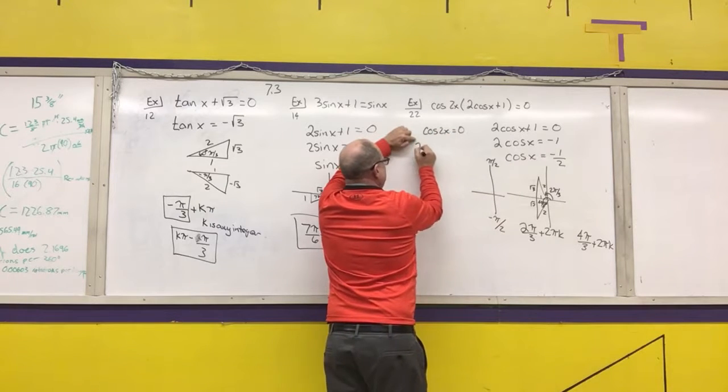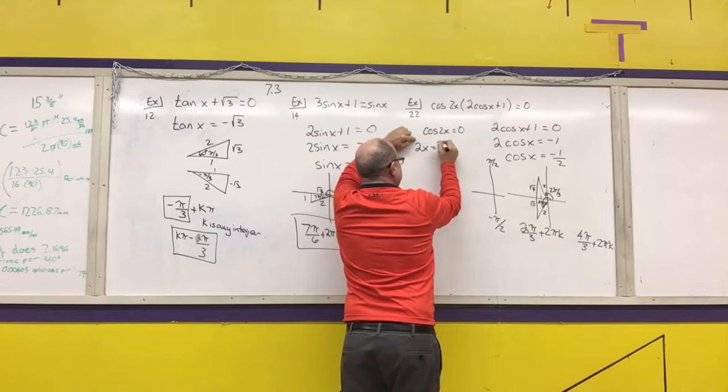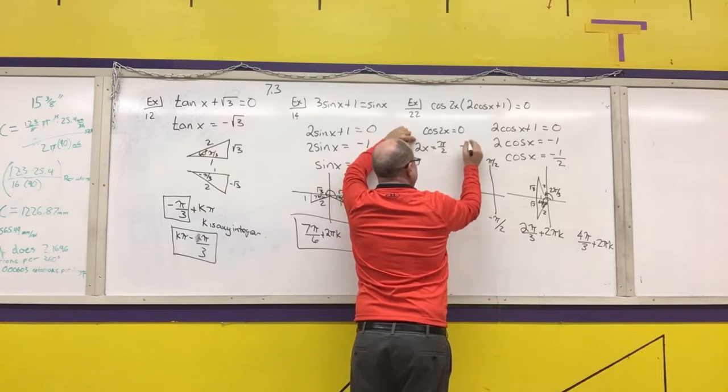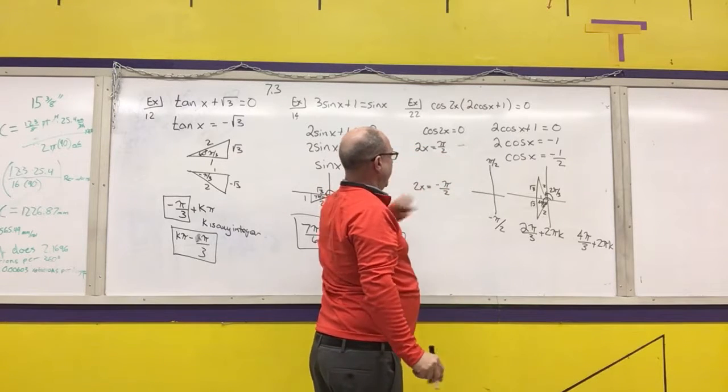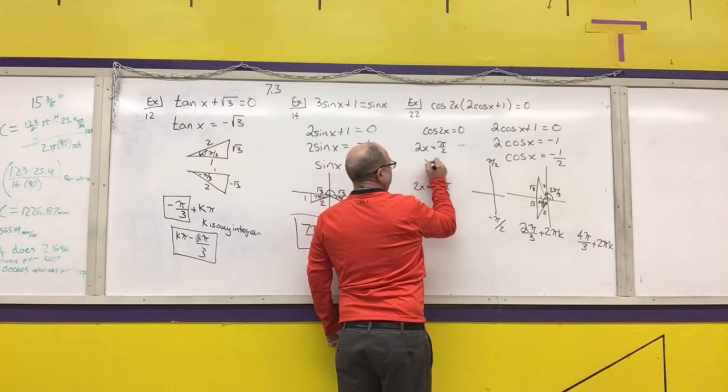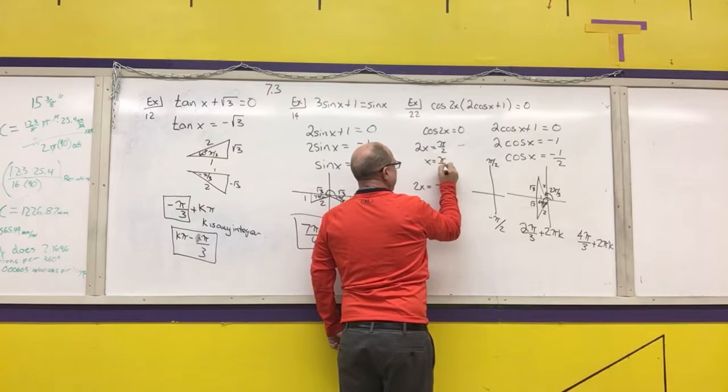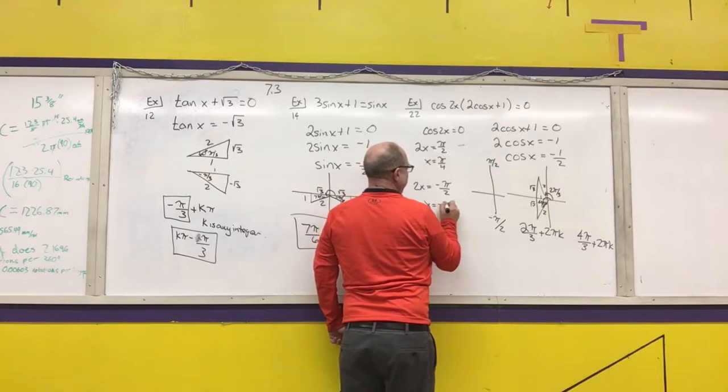So the angle is equal to pi/2 or negative pi/2. Solve both of these for x, and I get x is equal to pi/4, and x is equal to negative pi/4.